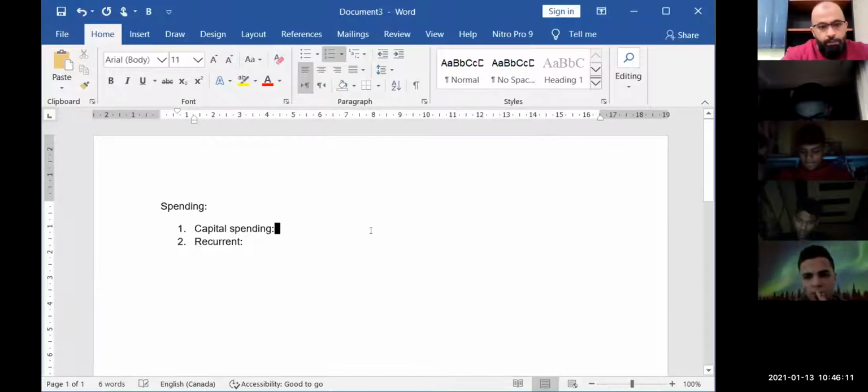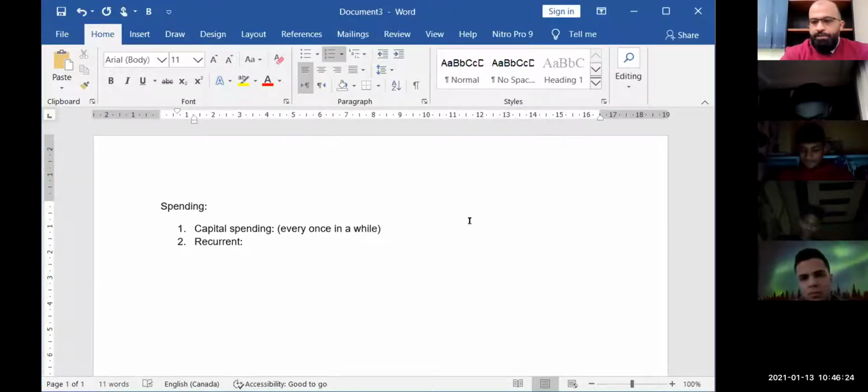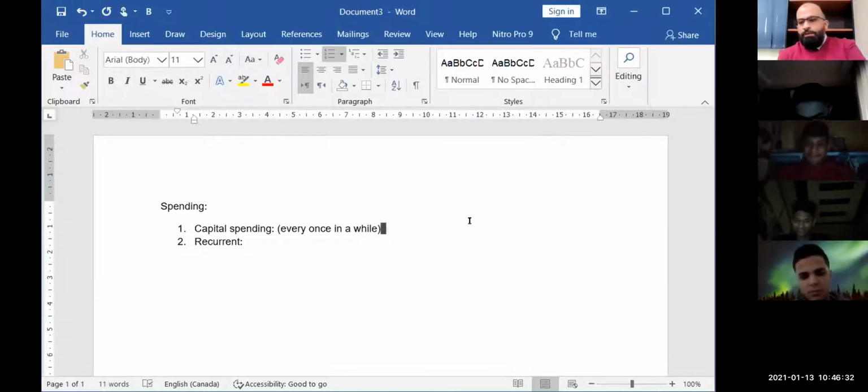Capital spending happens once in a while. You're not spending this amount of money every day, but you're going to spend it probably every 10 years, every 15 years to buy a new machine or a new car or to build a factory.